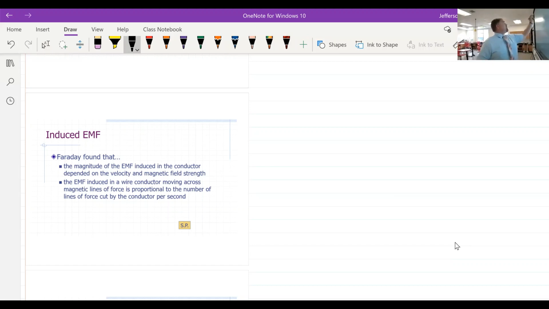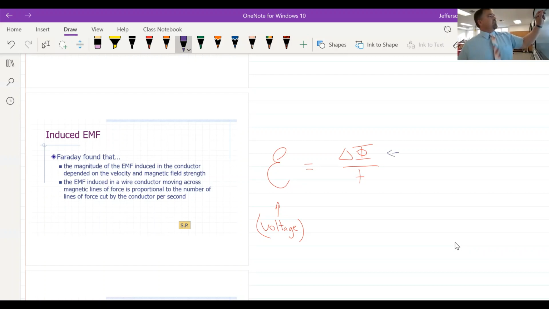Okay, and so what he wrote out was that the EMF, we use this instead of voltage, but for our purposes, this is basically voltage, is equal to the number of flux lines cut in a unit of time. Okay, so this is the number of flux lines. And obviously this is time.